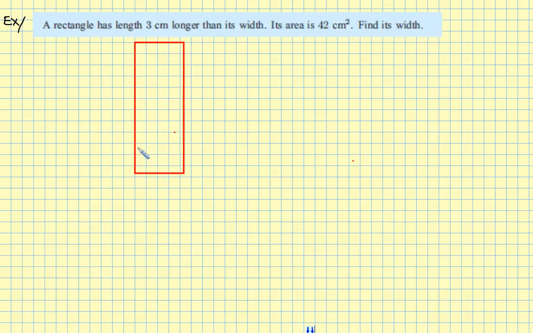All right, so we know that it has a length that's 3 centimeters longer than its width. So we say, let x equal the width, and we'll say that x plus 3 equals the length of the rectangle. So we can say that area is equal to length times width.